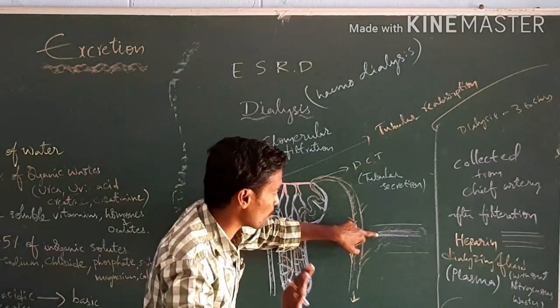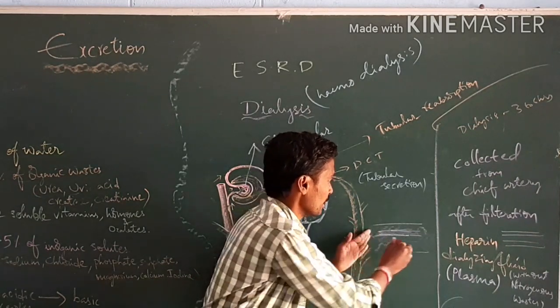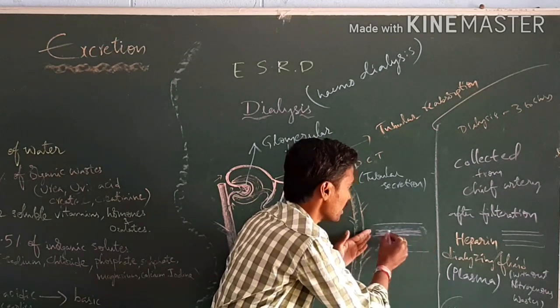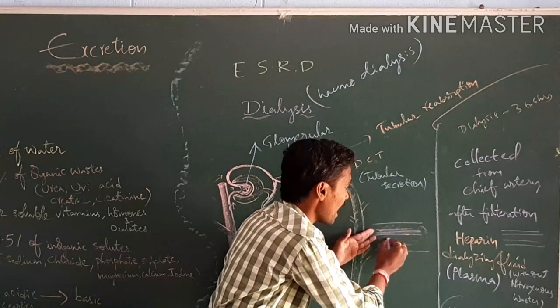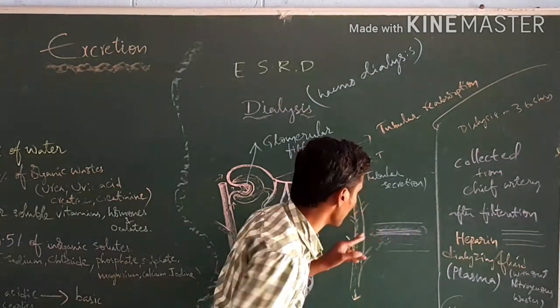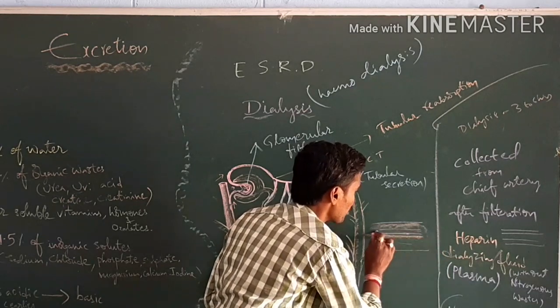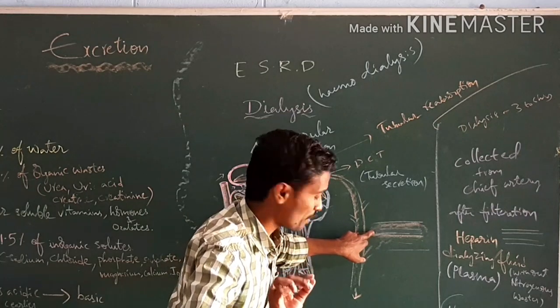Look at the book carefully, and observe the diagram clearly. Here, blood is flowing in the tubes which are made up of cellophane membrane. It is surrounded by the dialyzing fluid. This is a cellophane tube which contains wastages, nitrogenous waste material.